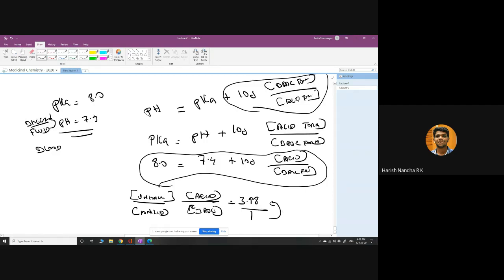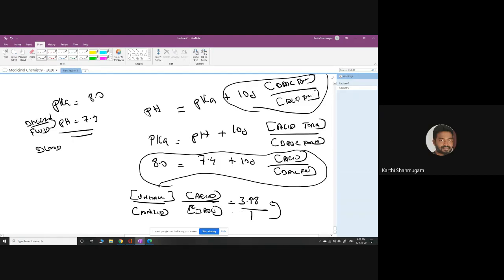Am I audible? Yes, sir. Can I make a statement that if this value is 3.98, for every one molecule in its ionized form, there will be 3.98 molecules in its unionized form? Yes, sir. That's what we can understand from this, right?